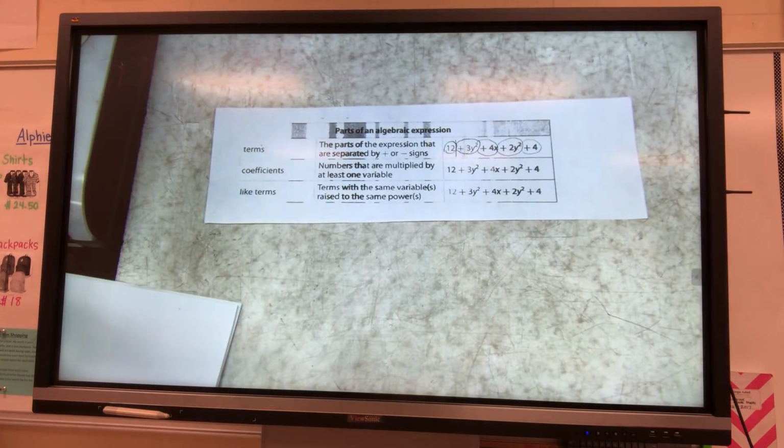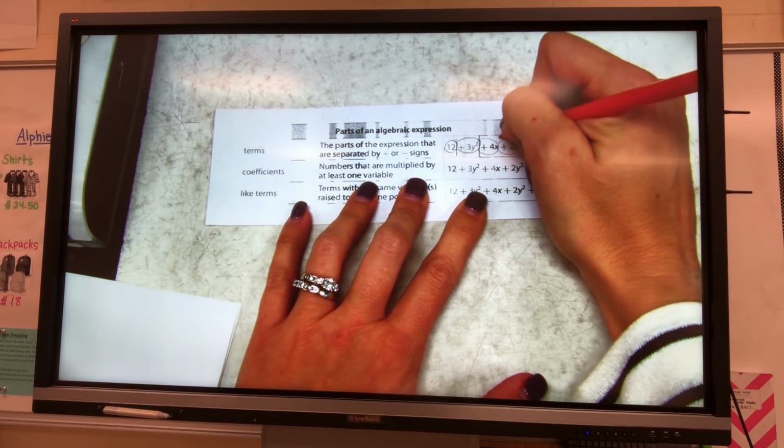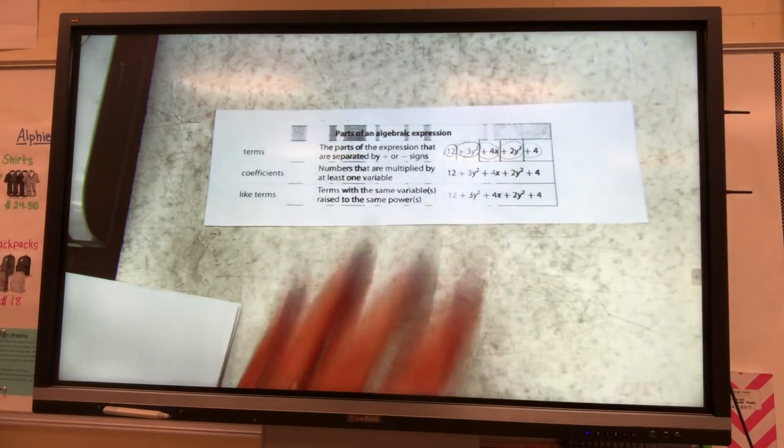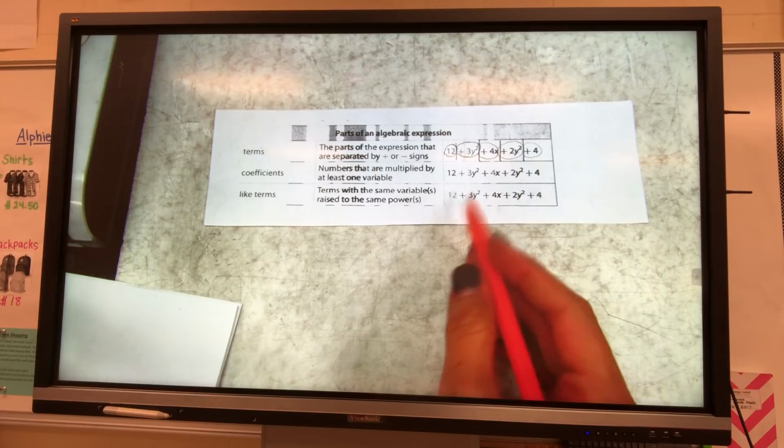we're saying that those are all terms. So we're saying that a term can have a variable connected to it. It can have an exponent connected to it. All of those are considered terms. Now, a coefficient is a number that is multiplied by at least one variable. That sounds kind of confusing, but truly a coefficient is a number that is smashed up against a variable.